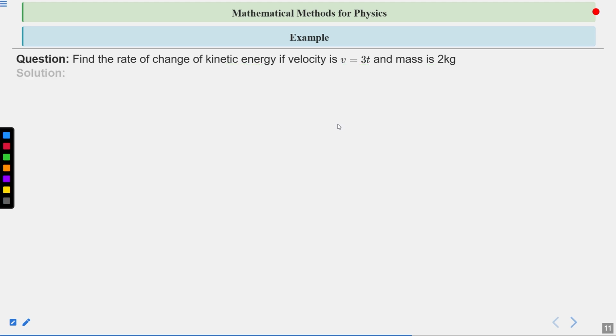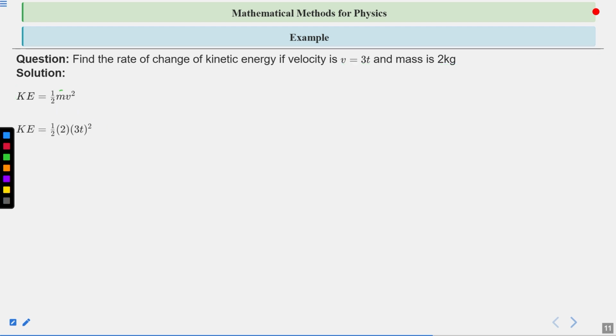Solution. The formula to calculate the kinetic energy is half m v square, where m is the mass and v is the velocity. In this question, the mass is 2 kg and velocity is 3t. Yes or no?